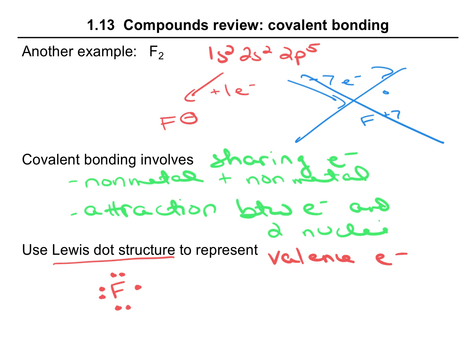And now we have another fluorine atom, again with our 7 valence electrons. And as we think about a covalent bond, we can imagine that these electrons are being shared.